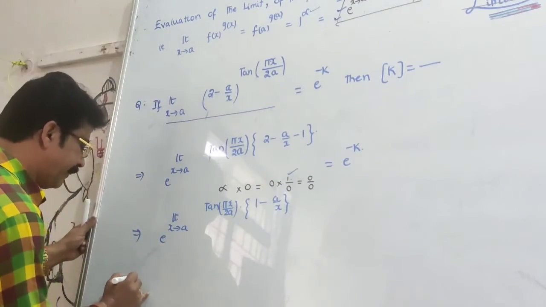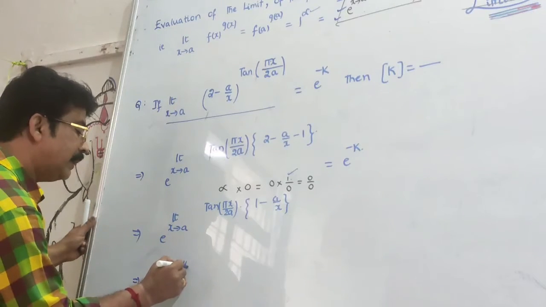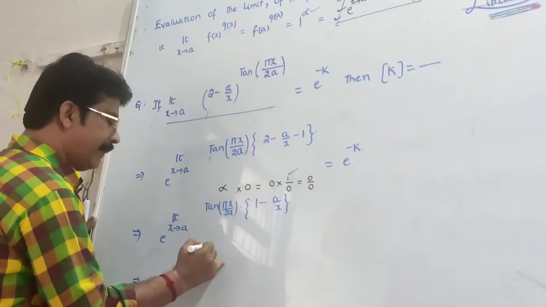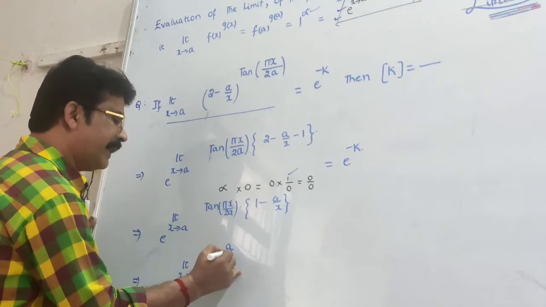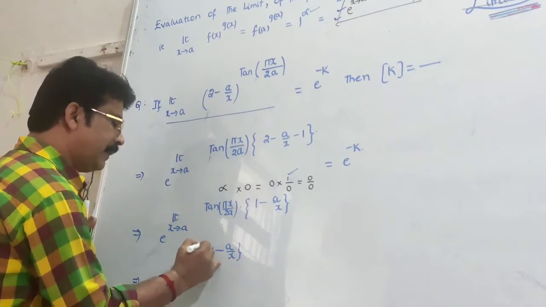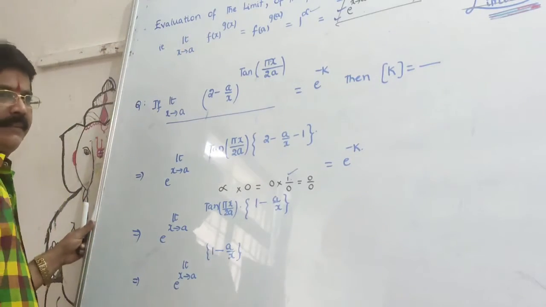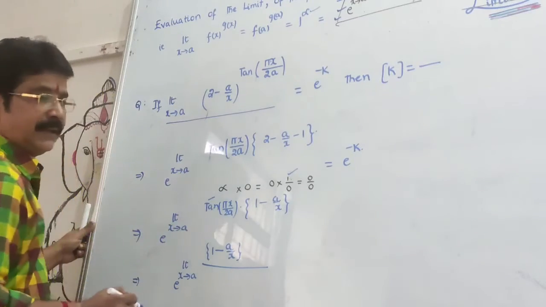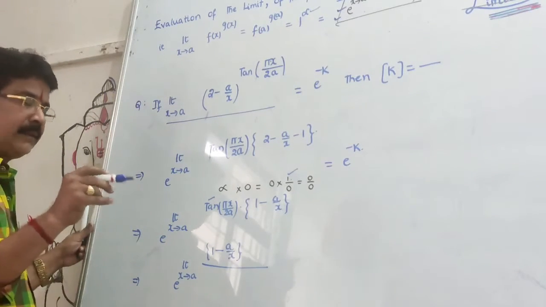In each and every problem we are doing the same procedure. Therefore, you must get habituated to the procedure. Okay, we cannot change this factor 1 minus a by x. Next, clearly we can write tan theta is equal to 1 by cot theta.